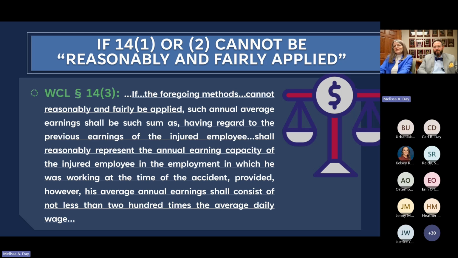There might be another explanation, though, as to why Auschwitz is not a 5-day per week worker. So we don't want to automatically indicate that somebody's a 5-day per week worker, even if that was the expectation when they were hired, because 5 days per week worker is a legal conclusion that is determined by the Workers' Compensation Board in assessing which method of calculation you're going to use for an average weekly wage.